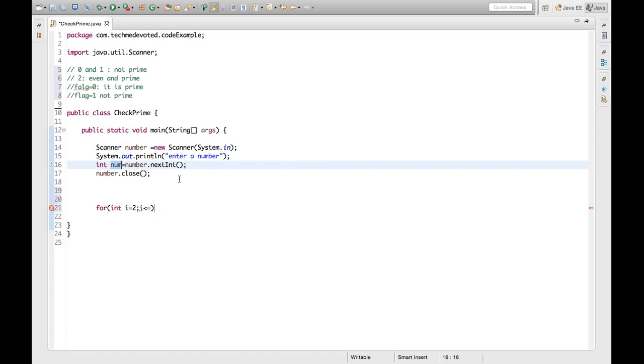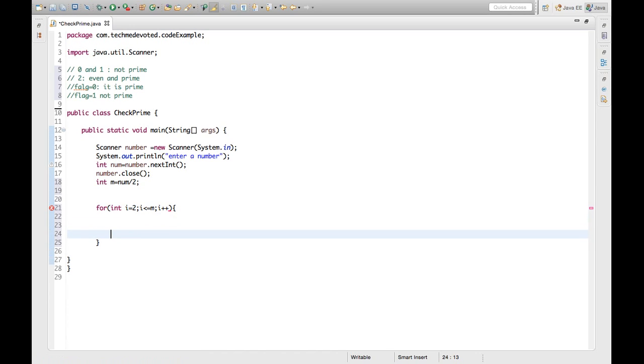Checking up to num by 2 will do. So let's say int m is equal to num by 2. Here we take i less than or equal to m and i plus plus.